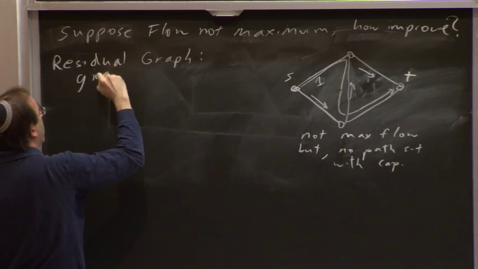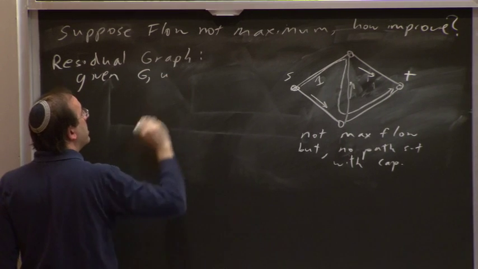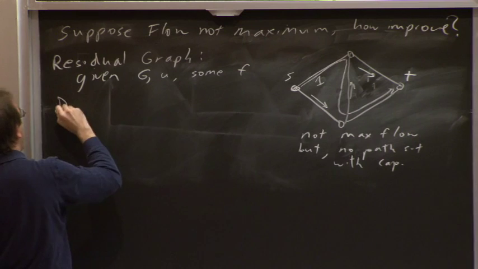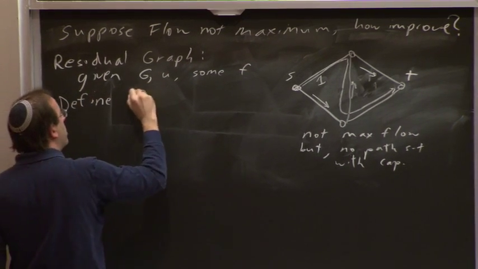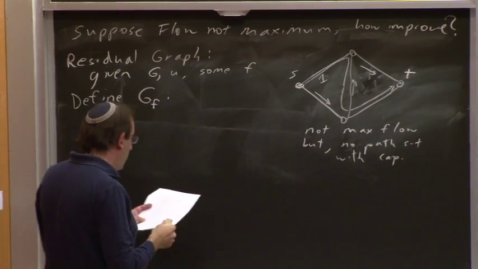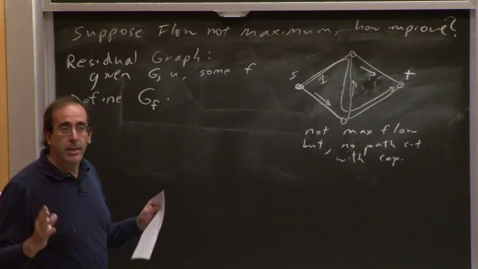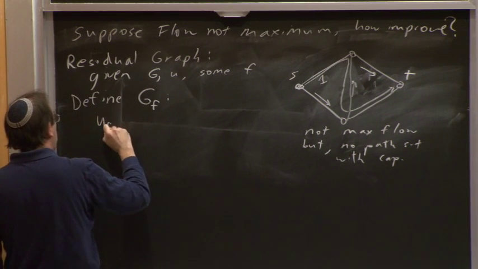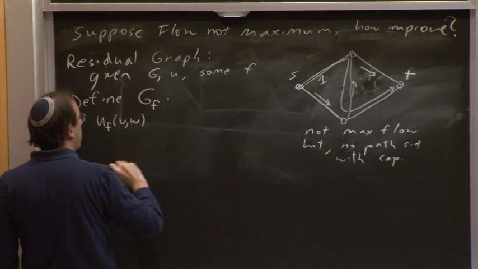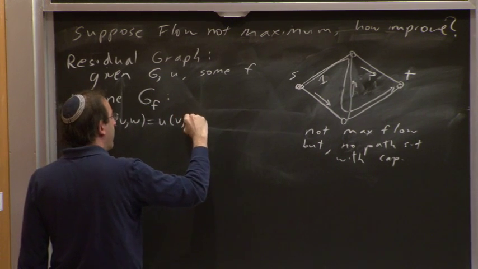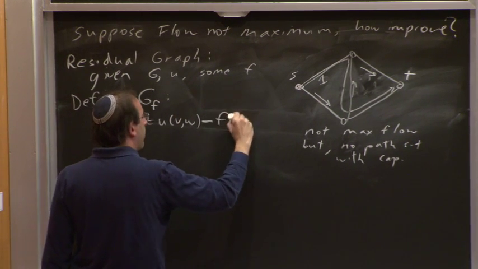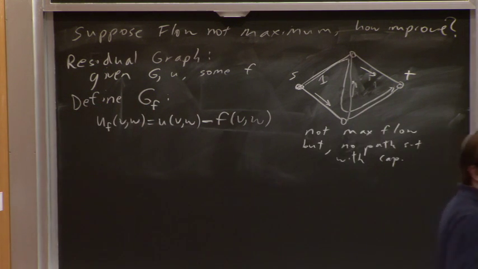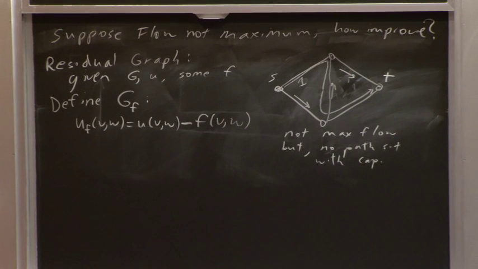So given our graph G with its capacities U and some flow F, I'm going to define the residual graph G sub F by specifying new capacities, kind of pulled out of thin air, where I say that the residual capacity from V to W is equal to the original capacity from V to W minus the flow that is currently going from V to W. So that by itself seems pretty natural, right?